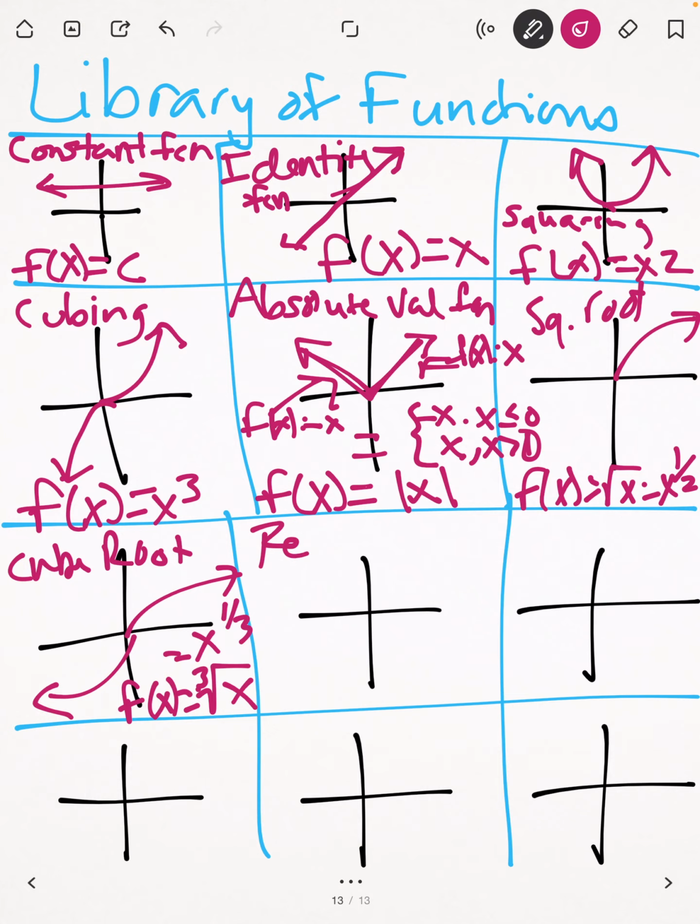Now one that's new is our reciprocal. That's when f of x is 1 over x. And when we do that, we end up with two pieces that look roughly like this.